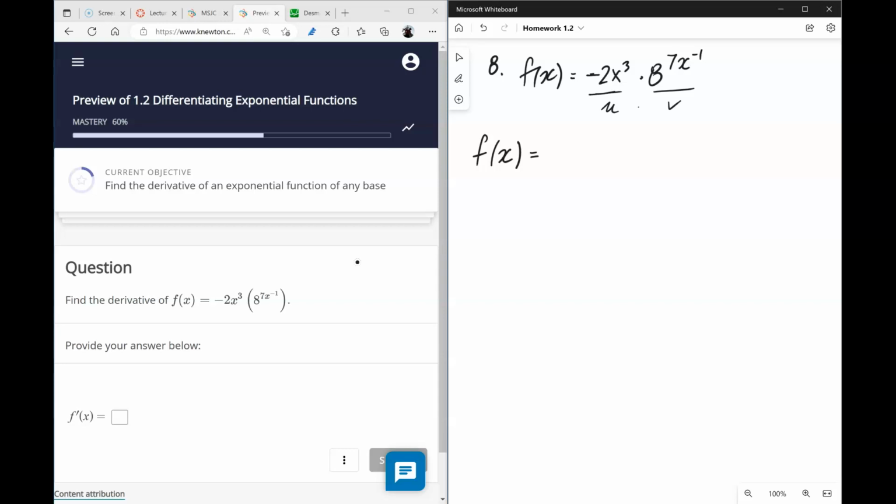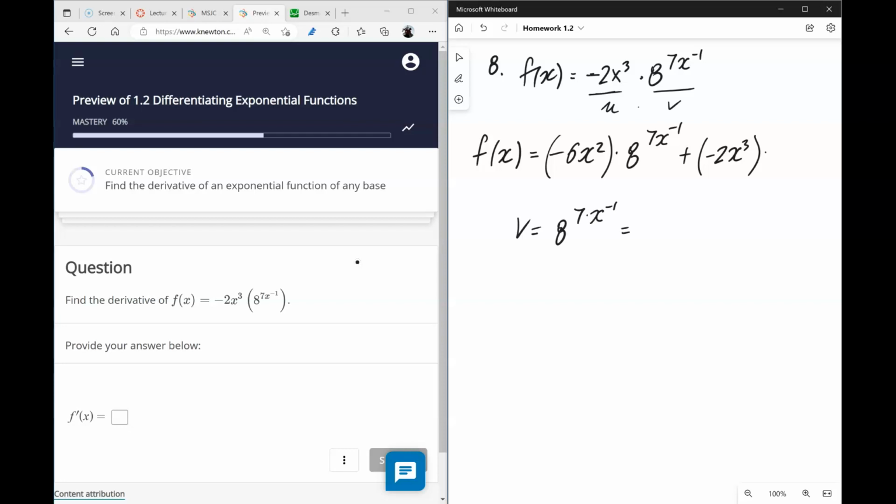So derivative of u, which is negative 6x squared, times v plus u times derivative of v. And to find derivative of v, I'm going to do this work here.